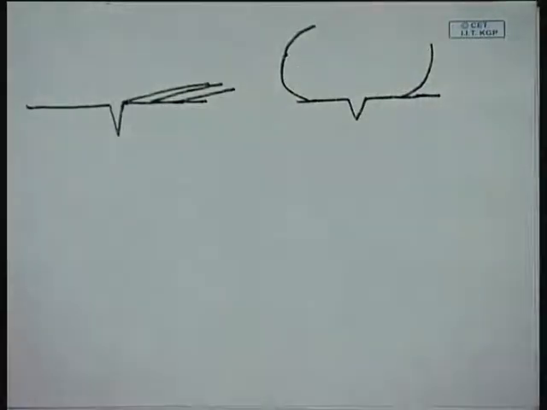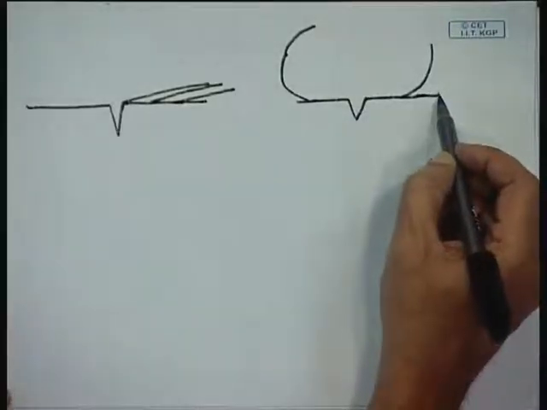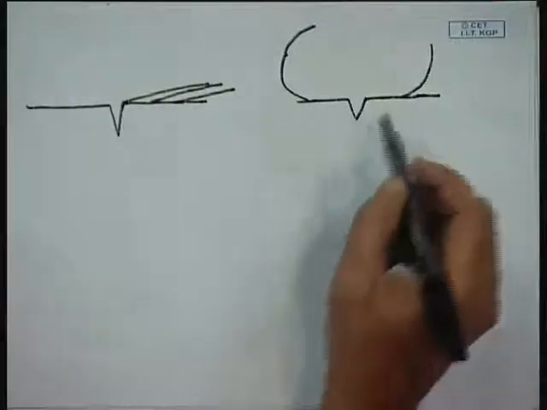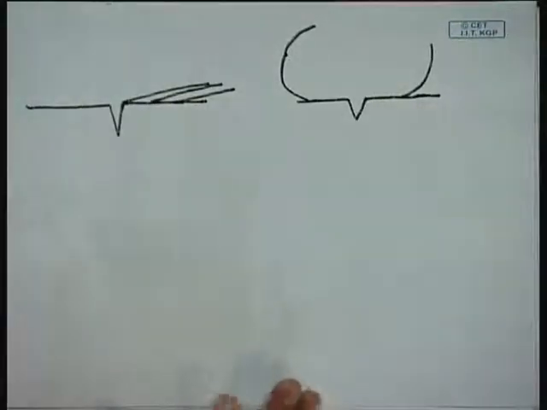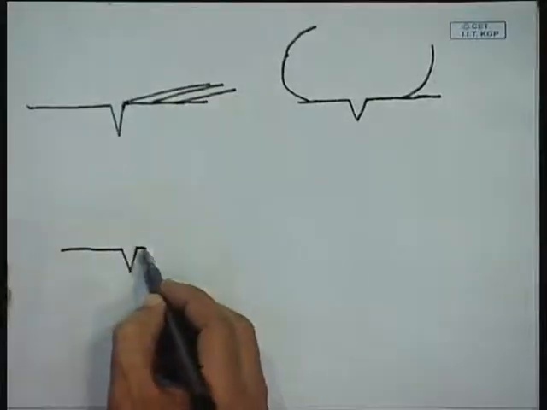Okay. Now, it will depend on the operating condition, and let us say that very close to this there is another bubble. Then these two bubbles can coalesce and the intermediate area can be totally dried up.